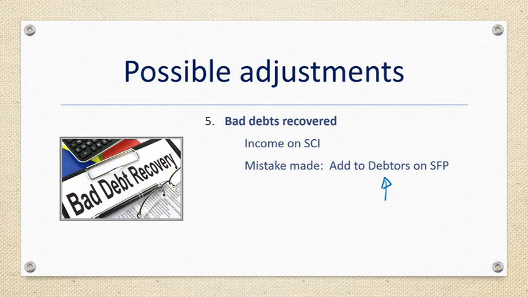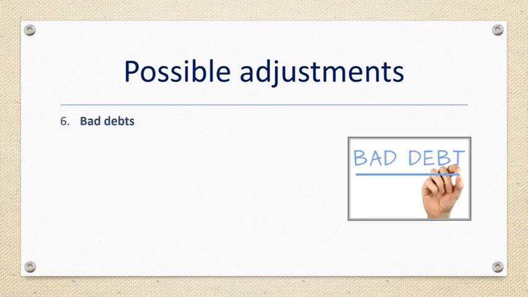So we credit debtors, so then it looks as if we owe that debtor money, because it doesn't exist anymore. So now we credit that debtor. So if that mistake was made, we have to add the amount to debtors. But if no mistake was made, just the bad debts recovered under income on the statement of comprehensive income.